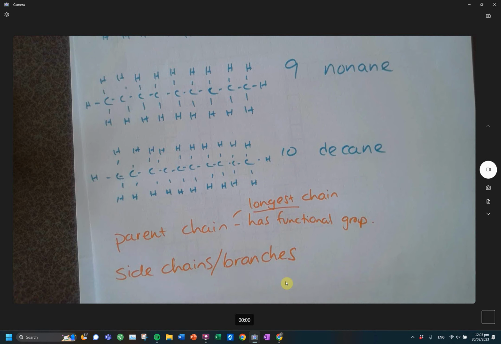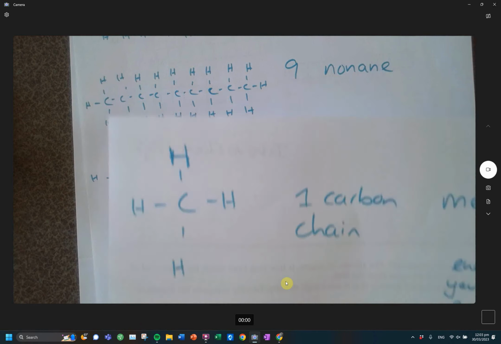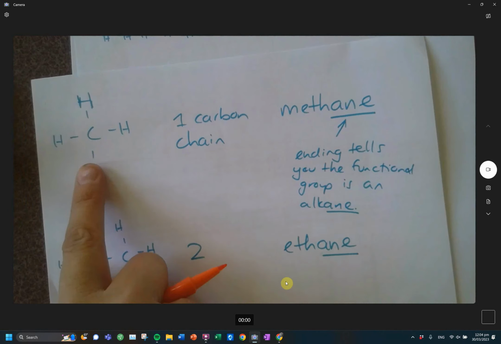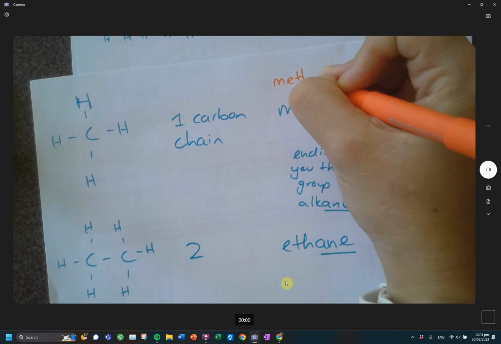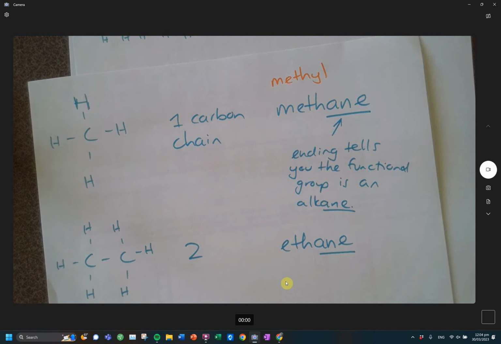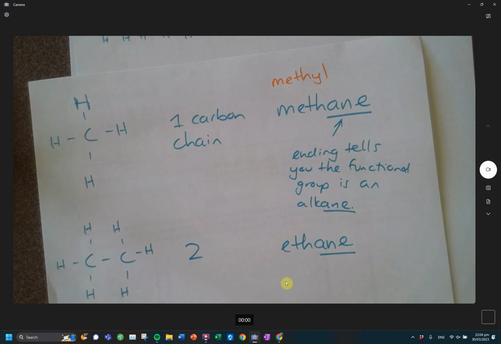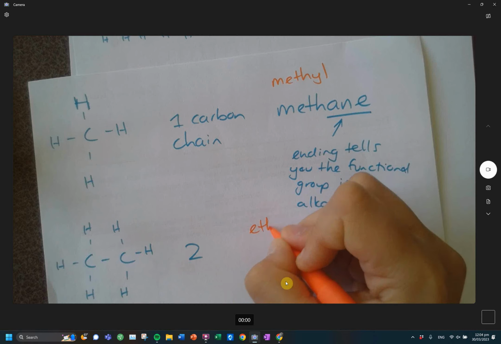With the side chains, we have special little nicknames for them. It is based off of the length of that carbon chain, and again, it's all pretty logical. If I have a side chain with only one carbon, we would call that side chain methyl. If I have a side chain with 2 carbons, we will call that ethyl.